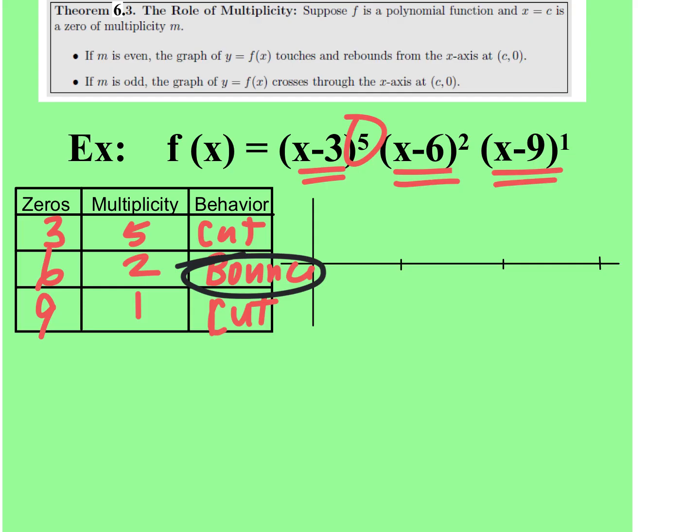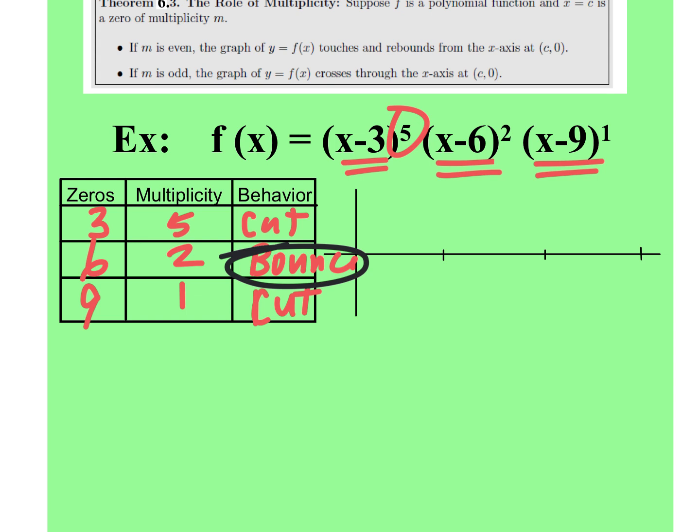And this is just a reminder that this 3, you know how 3 is important, right? 3 is the 0. The multiplicity is the 5. And that's called a cut through because it didn't bounce. This one's called a bounce at 6, and its multiplicity is 2.